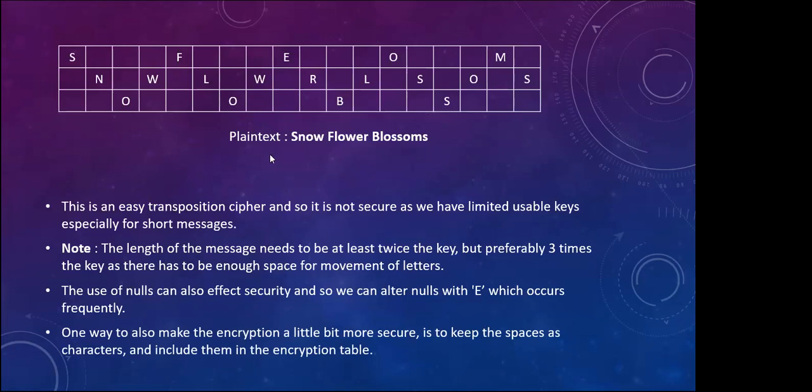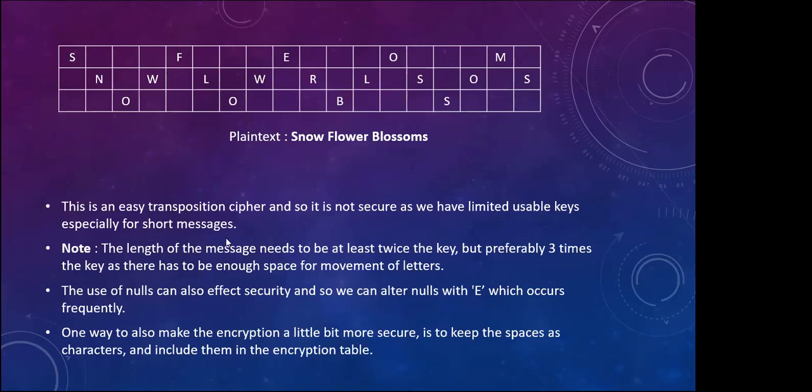We have to take care that the length of the message and the rows should be in an appropriate manner, like the length of the message should be double or 3 times greater than the number of rows, so that it makes a zigzag pattern, or else it will just come in a diagonal manner without making a zigzag pattern like this.